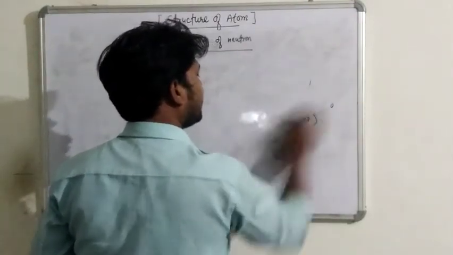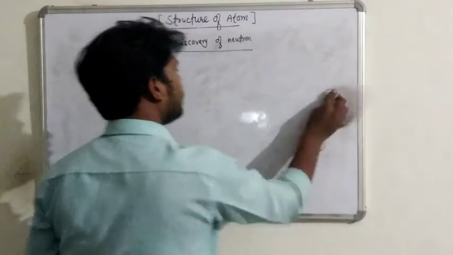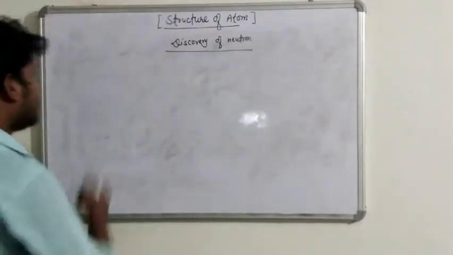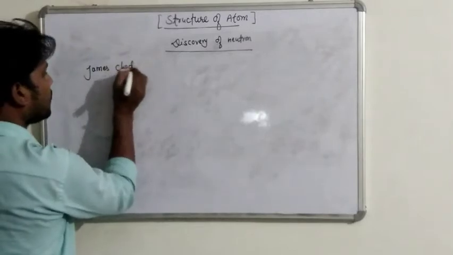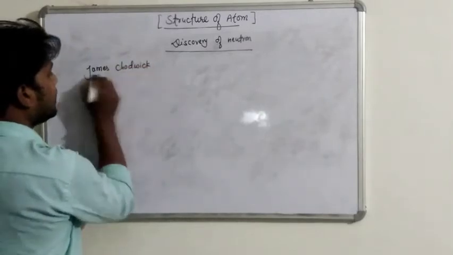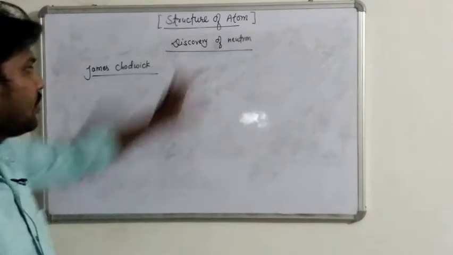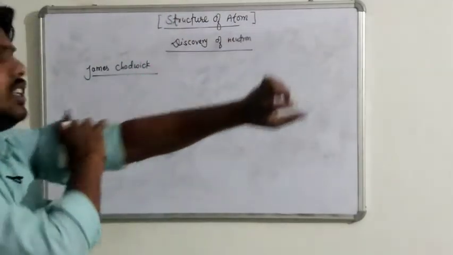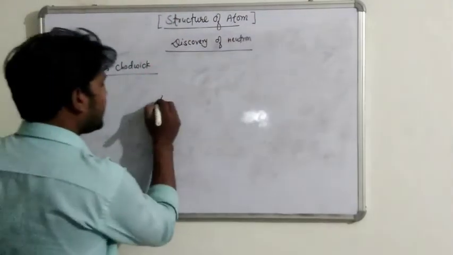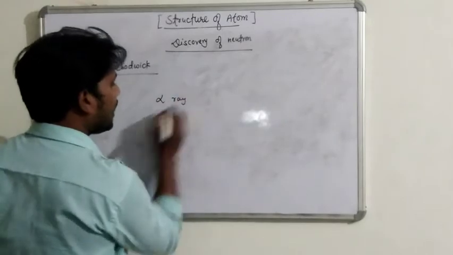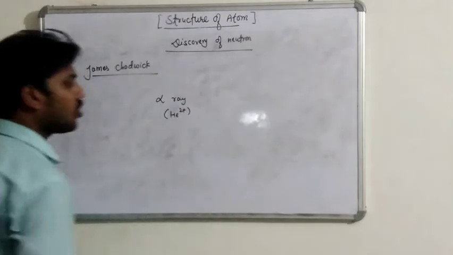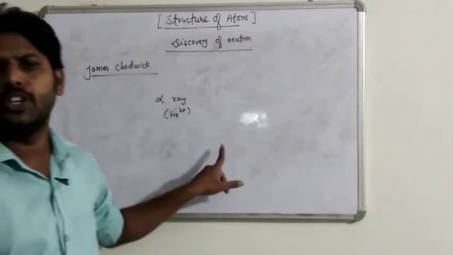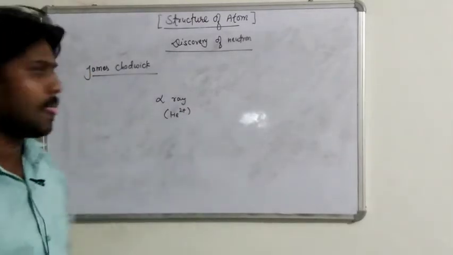James Chadwick was the scientist who discovered neutron. Students, what he did was take alpha rays. Alpha rays contain helium 2 plus. Please note in your copy: alpha ray is positively charged helium 2 plus.